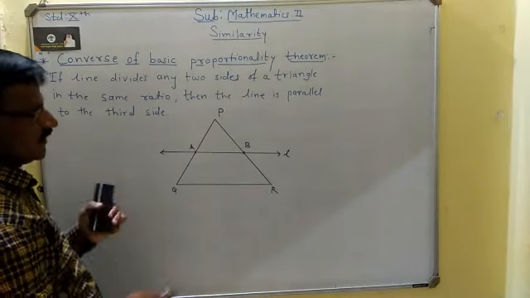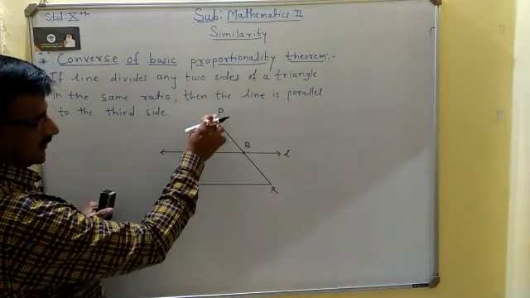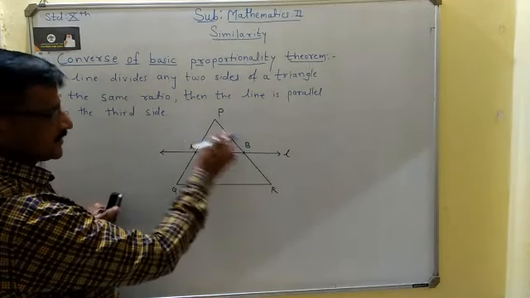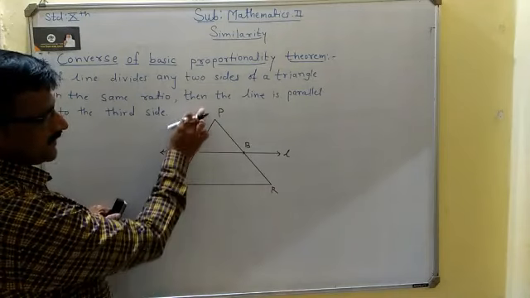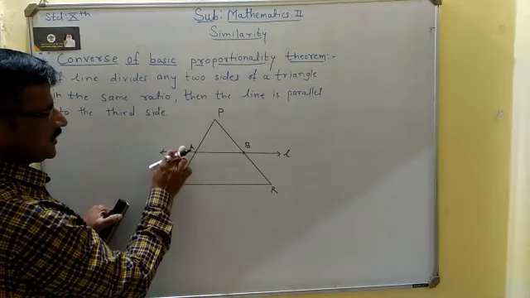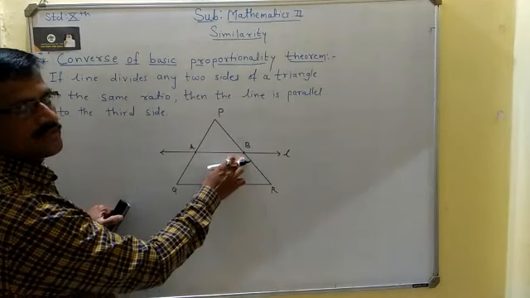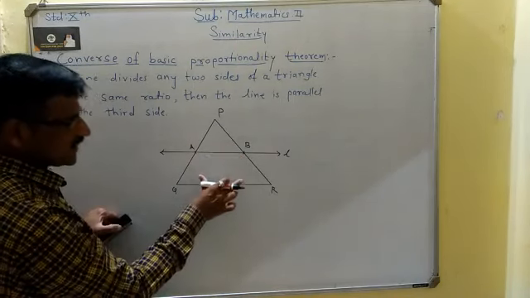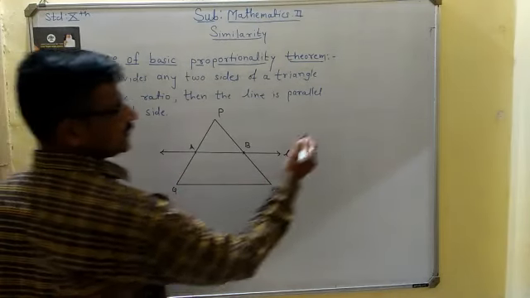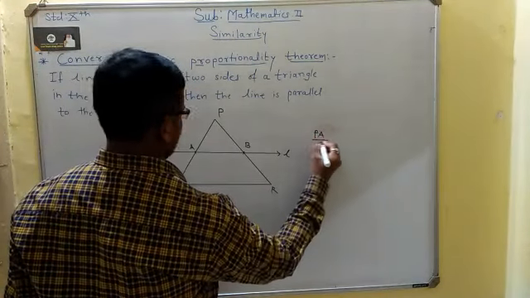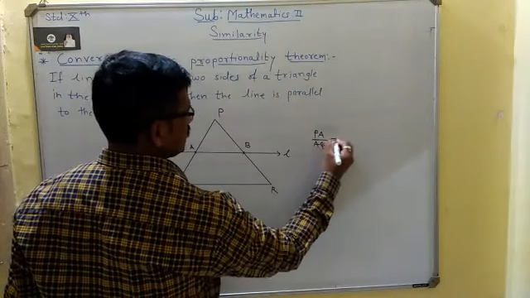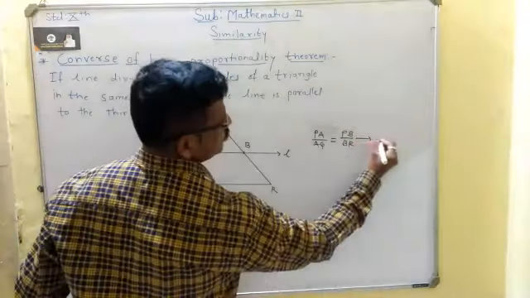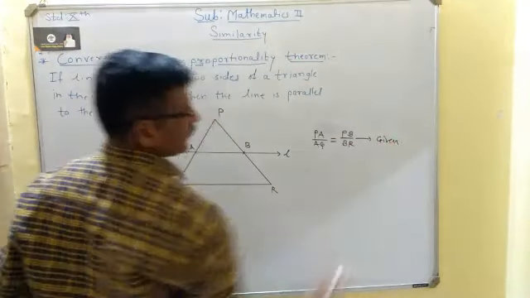We take a triangle PQR in which line L intersects side PQ and side PR at points A and B respectively, and it is also given that the line divides those sides in a proportion. That means PA upon AQ is equal to PB upon BR. That's also given here. Understand?